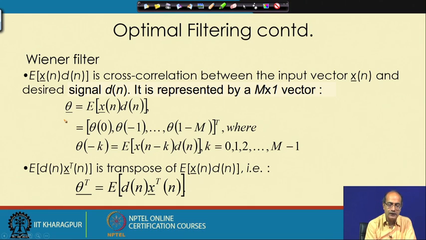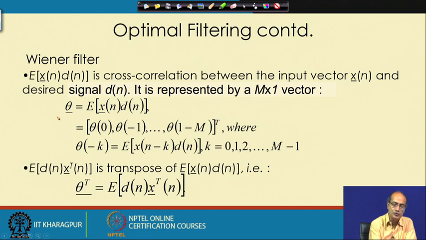Here we should note one thing, that we have not given any time index to theta. Theta is not a function of time. Now, why is it so? Because we have assumed that both signals are stationary. So, the cross correlation of that kind of signals would not change with time.